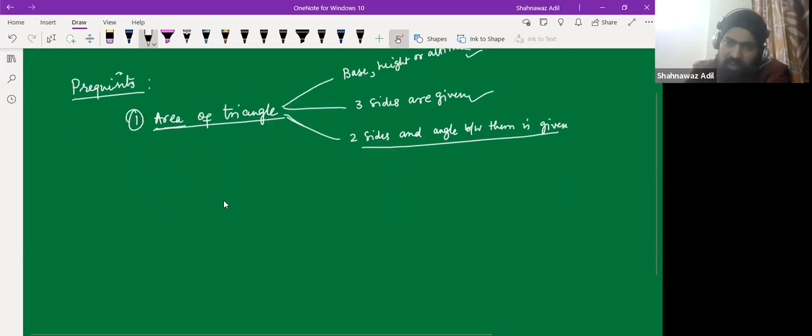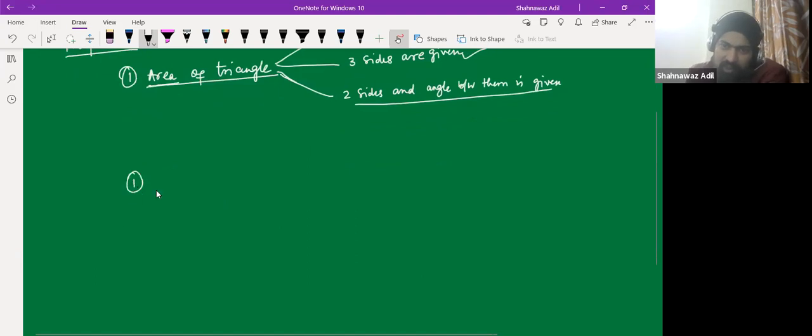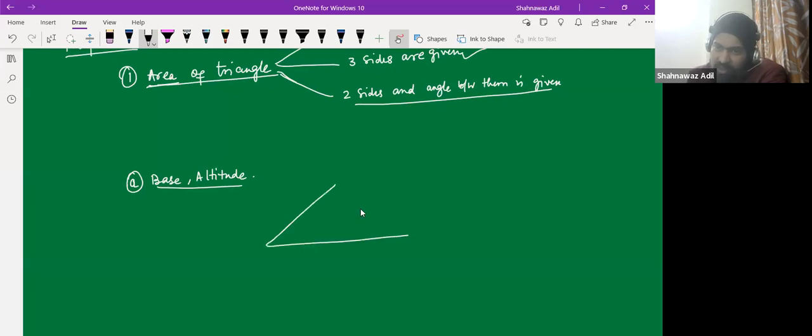So let us talk about the first one, base and altitude. We have this triangle, and if we choose different bases, the perpendicular or the altitude will be different. Let's say I pick this base, BC.